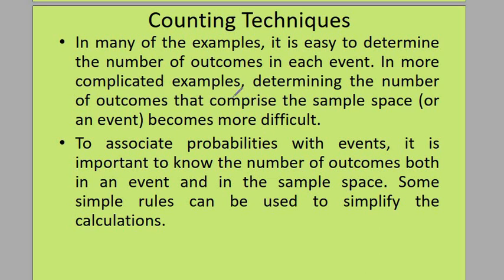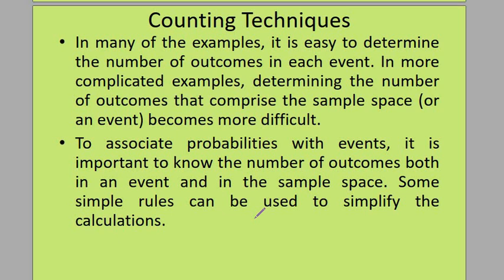All right, so today we want to look at some counting techniques. In many of the examples, it is easy to determine the number of outcomes. You remember that if we have an experiment, a sample space is the set of all possible outcomes.